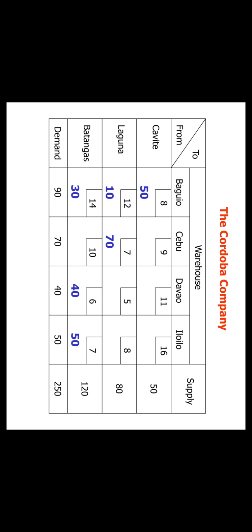So if you would remember, this pattern is also the same pattern we got as our optimal solution in using the stepping stone method, as well as in our first example in the use of the modified distribution method. Therefore, the resulting minimum transportation cost based on this pattern would also be 2020.